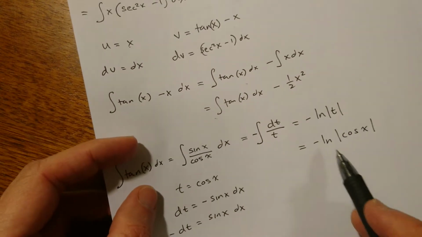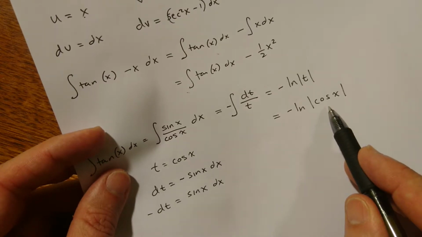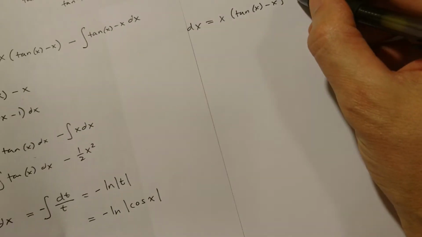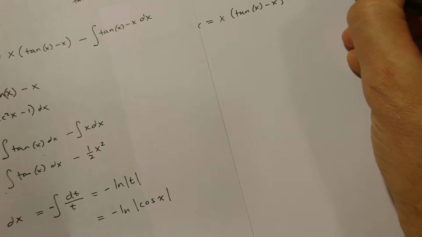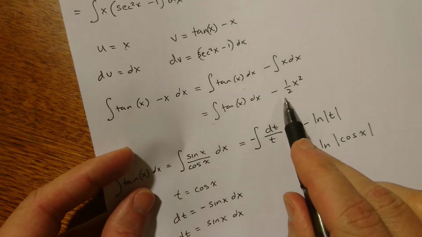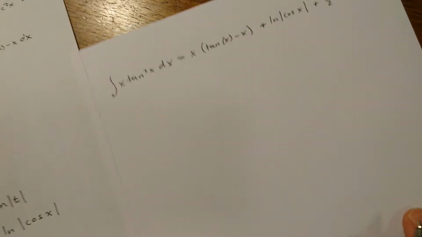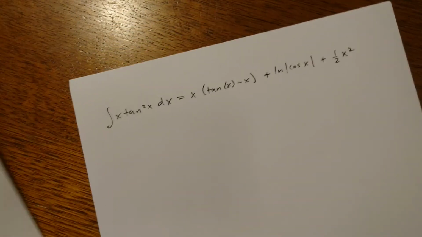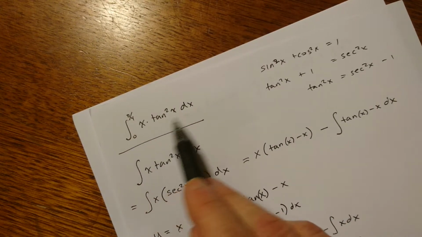And we have two parts to it. We have a negative natural log of cosine of x, so we'll end up with a positive natural log of the absolute value of cosine of x. And we had a negative 1/2 x squared, so that will also become positive, plus 1/2 x squared. Okay, so there's our antiderivative without the constant of integration.